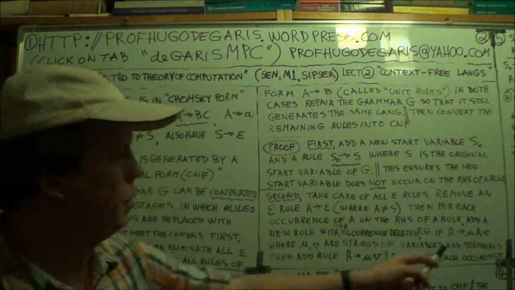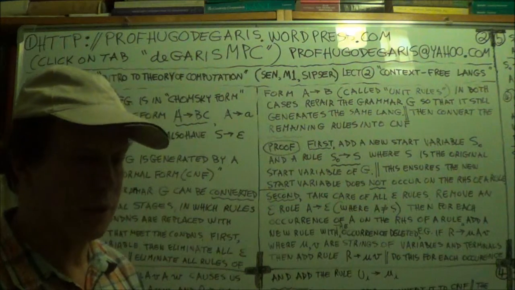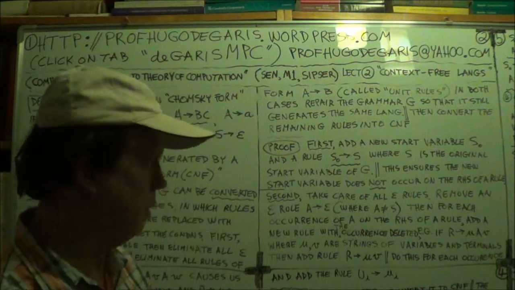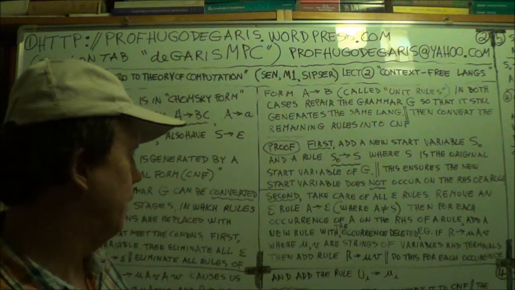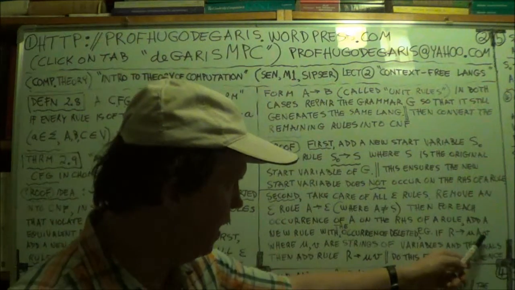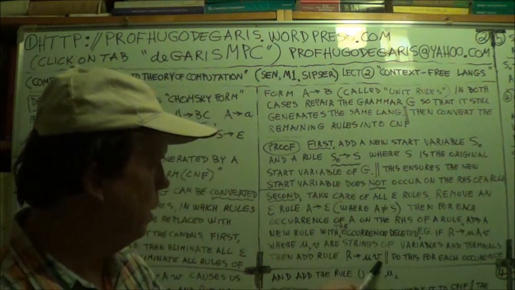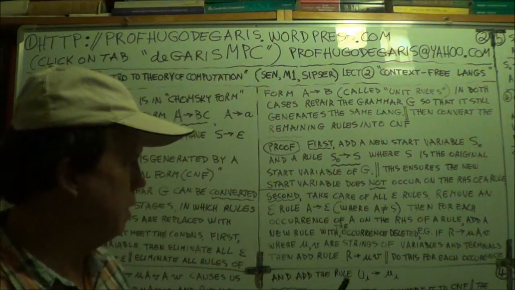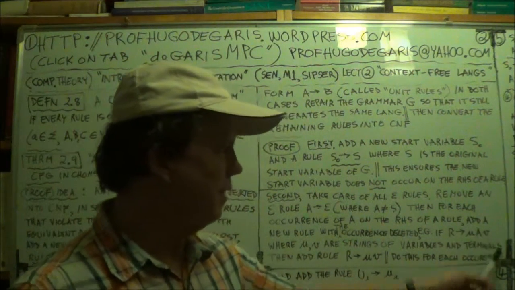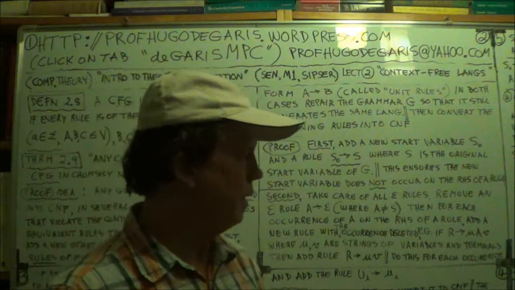When you have more than one A in the right hand side, things get a bit more complicated, and you do what I was doing just before. You throw out the A here, add that rule to your rule set, and you do that for each occurrence of the A in the right hand side.